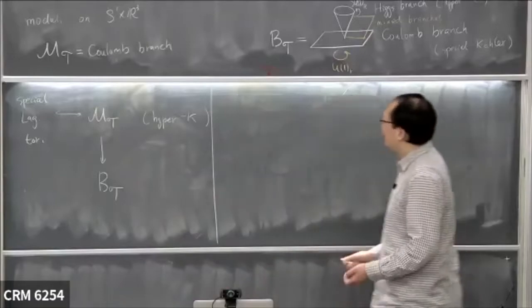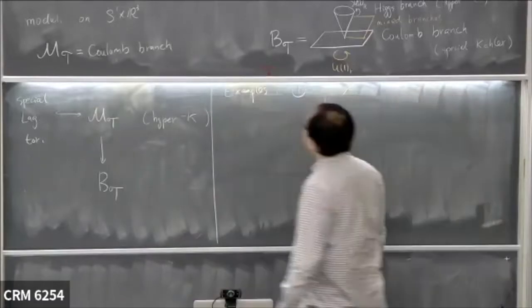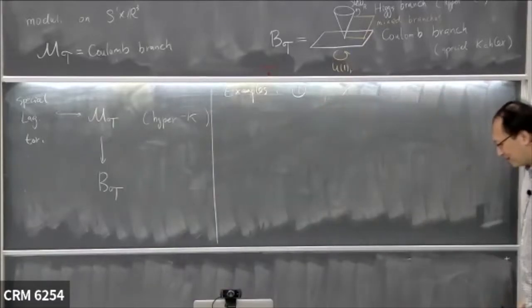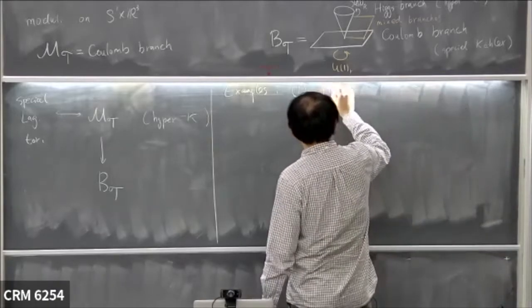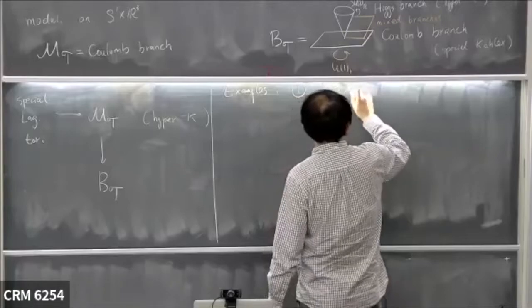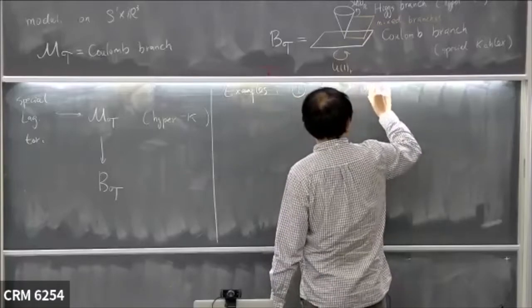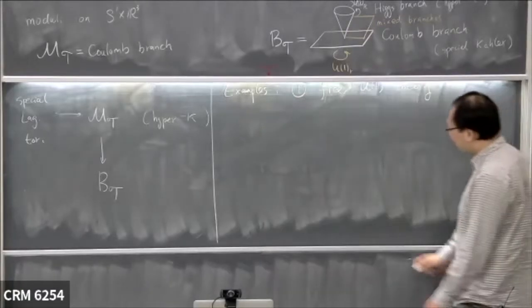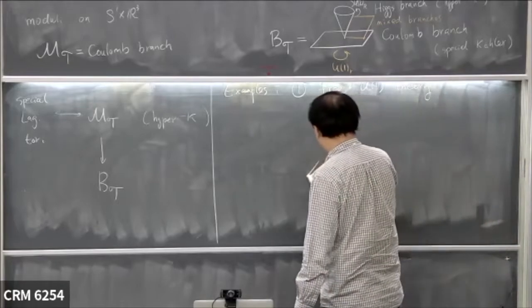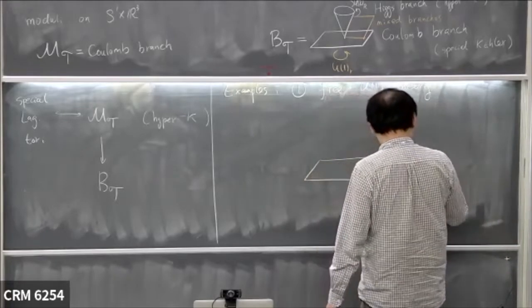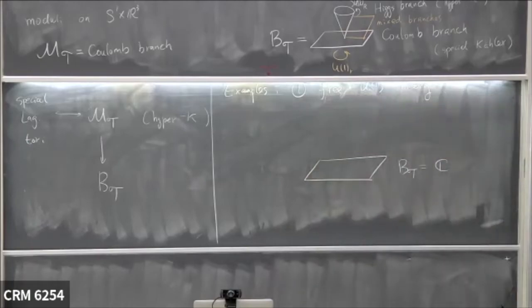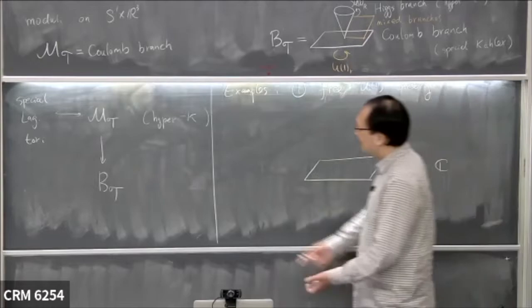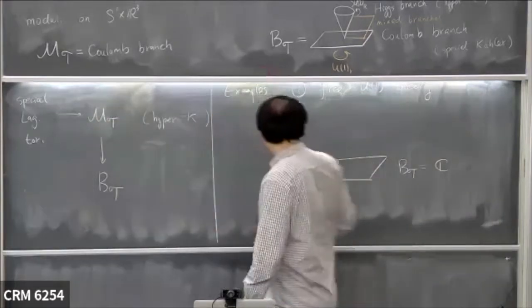So let me give you some examples. The basic example is the free U1 gauge theory. For this theory, B will just be the complex plane. And then M will always be twice the dimension.